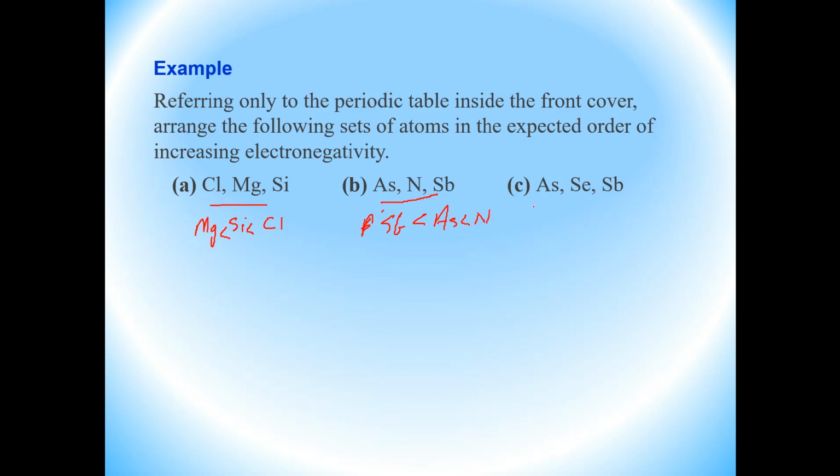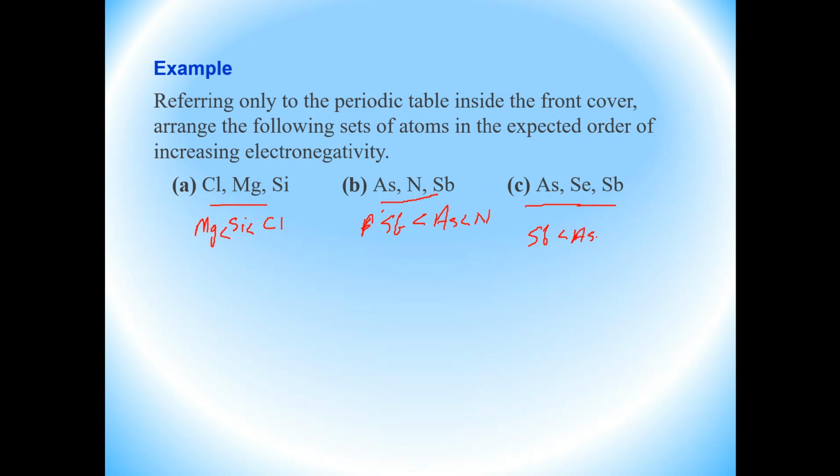All right. And then for the final three here, this is a bit more complicated than the first two, because what you'll find is that arsenic and selenium are in the same period, but arsenic and antimony are in the same group. So in this case, because antimony and arsenic are in group 5A, antimony would be the least electronegative element of these three, followed by arsenic.